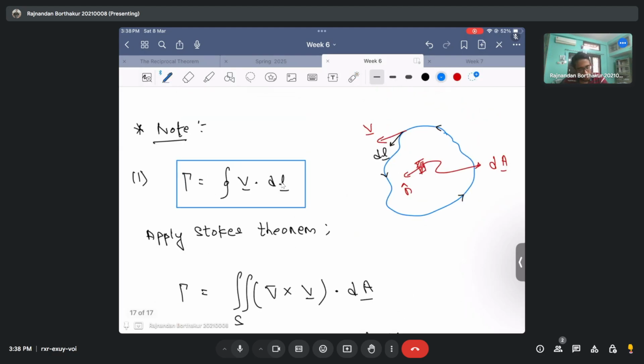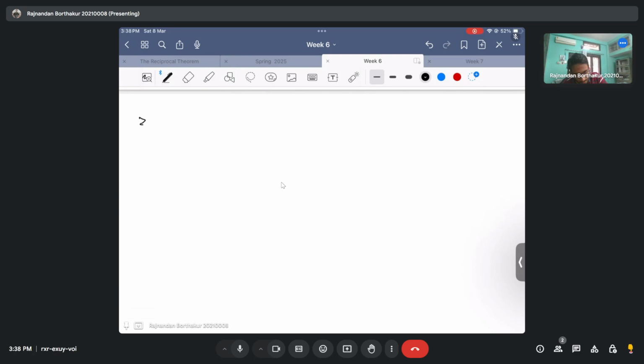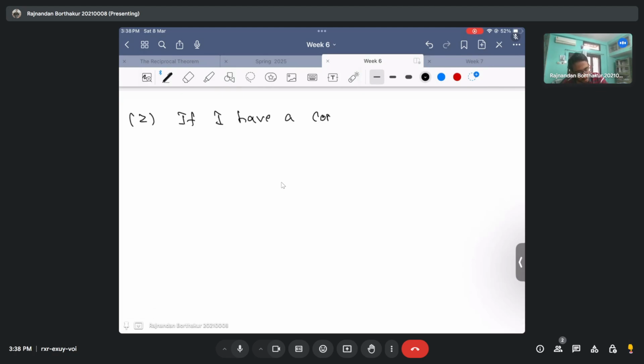The second note, and I'll end this discussion by stating it, is that if I have a conservative vector field, instead of defining V, let's say I define another vector field, say E, then for a conservative vector field, circulation is always zero.